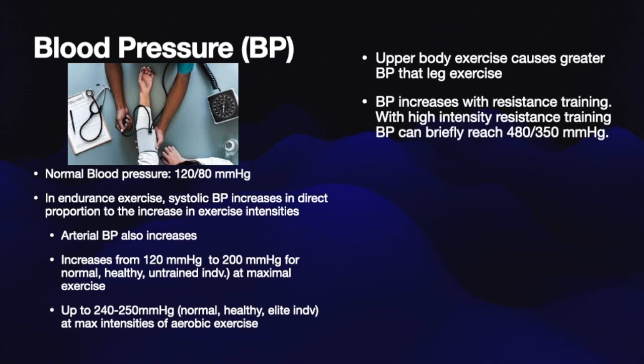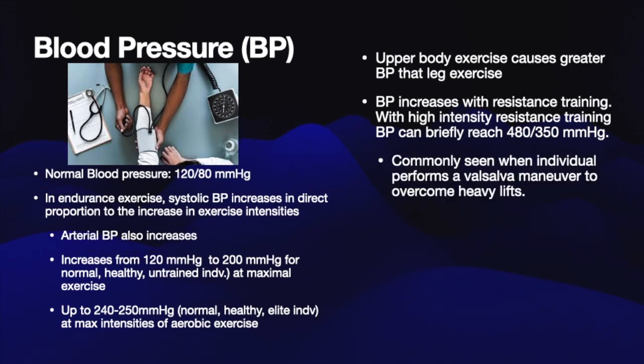Generally, blood pressure increases with resistance training, and it could go as high as 480 over 350 millimeters of mercury, especially at really high intensities and if an individual performs Valsalva maneuver. Valsalva maneuver is when you hold your breath and strain so that you can exert more force and overcome a very heavy lift.